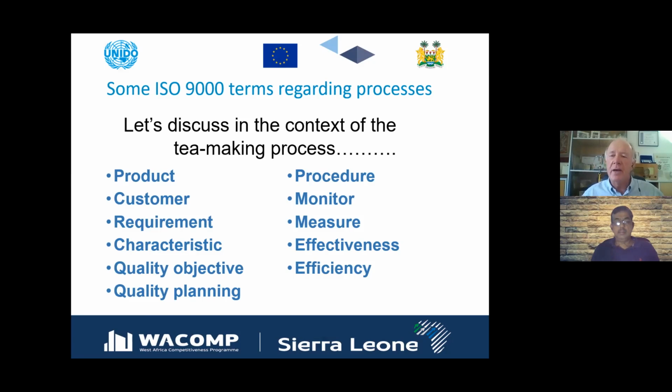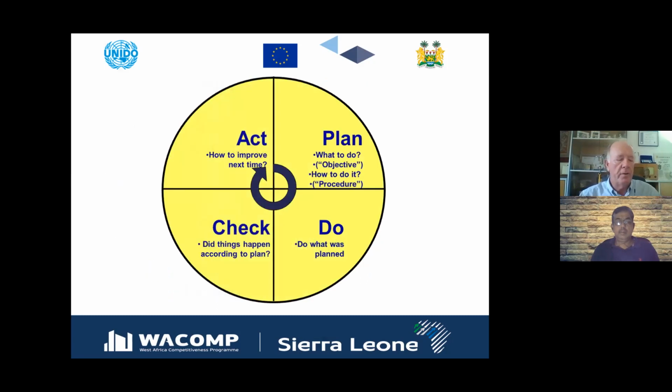And regardless of the cost, we are wasting precious resources. We're wasting the energy made to boil the water, we're wasting tea, and we're wasting possibly our own time. So these are some of the factors, and this is how ISO 9000 brings all these different concepts together. And then we couple that with Plan, Do, Check, Act.